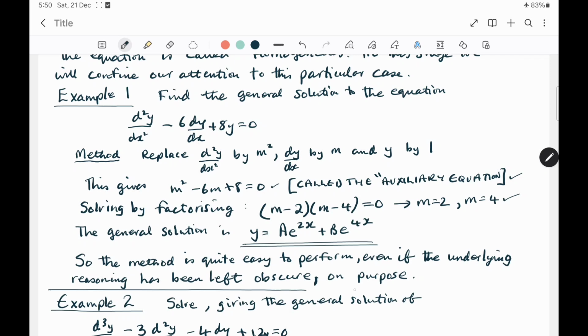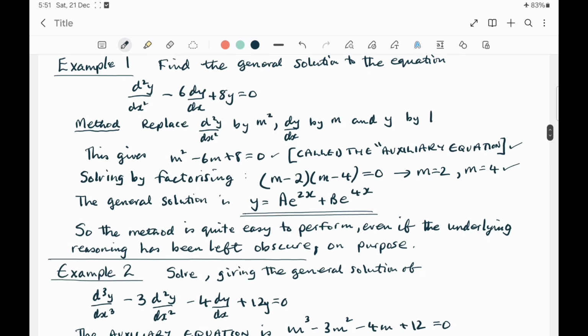As I said earlier, a and b can be found if certain initial conditions are given, and you need two conditions because we have two unknowns. So the method I claim here is quite easy to perform, even if the underlying reasoning has been left obscure. And I've done that quite on purpose.